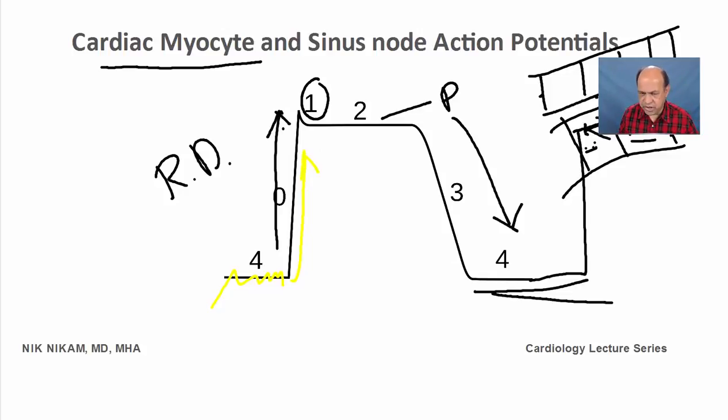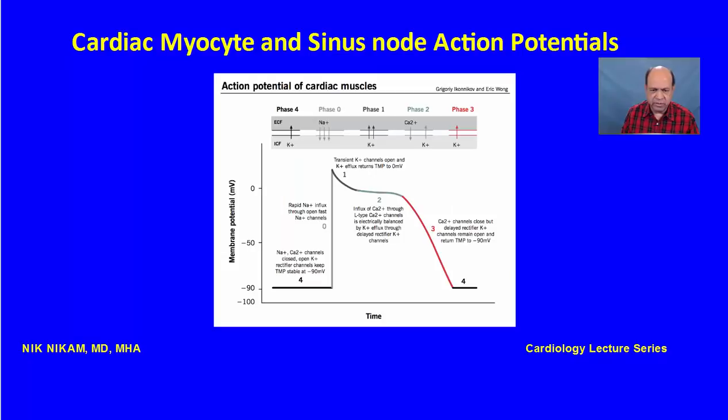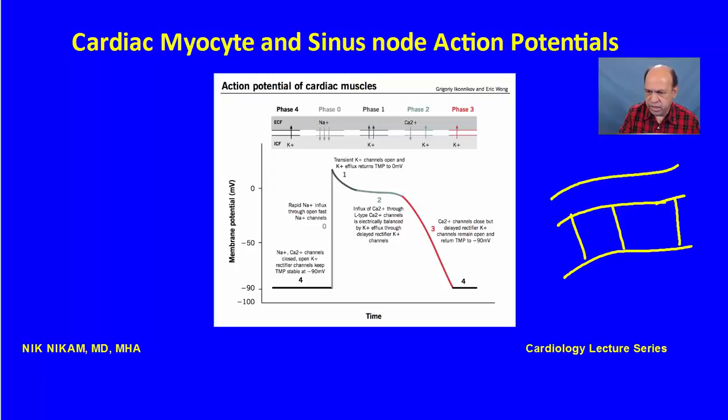Now let's look a little deeper into this action potential and see what happens. First of all, the cell itself, the myocardial cell, and then we have the interstitial space here, then we have another myocardial cell bundle here.